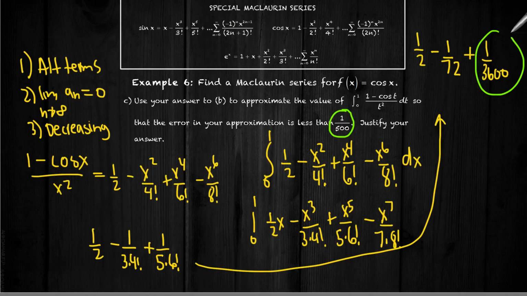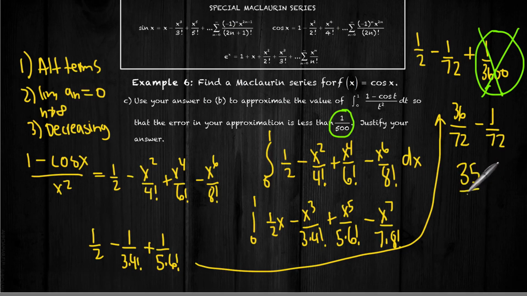So this term here is our first neglected term. So that means we only need to add up 1/2 minus 1 over 72. And that's going to be 36 over 72 when we get a common denominator, minus 1 over 72. And so our integral is 35 over 72.